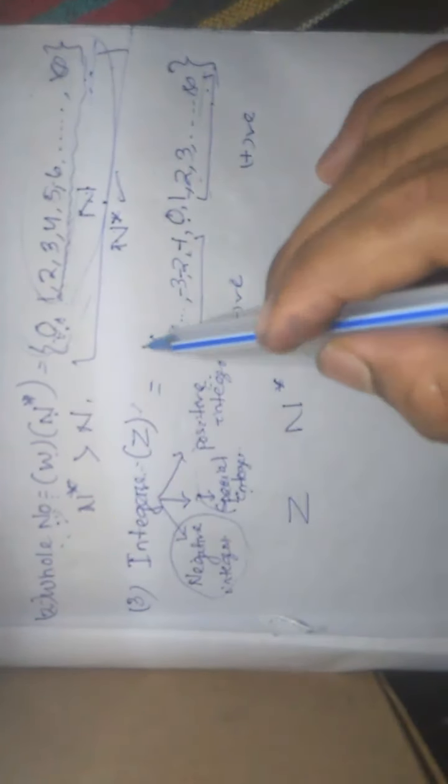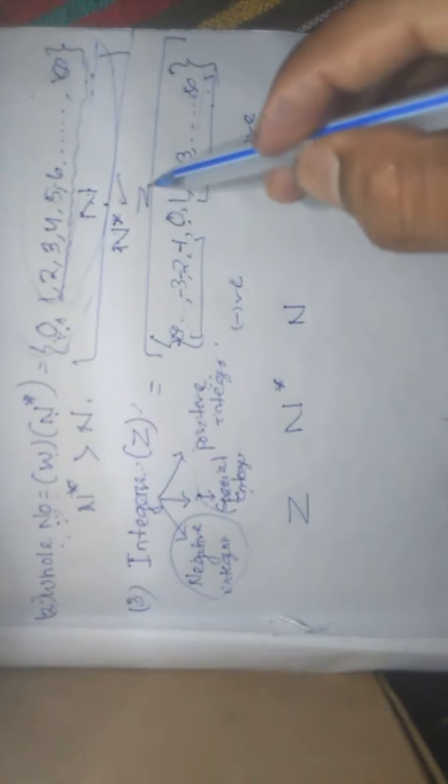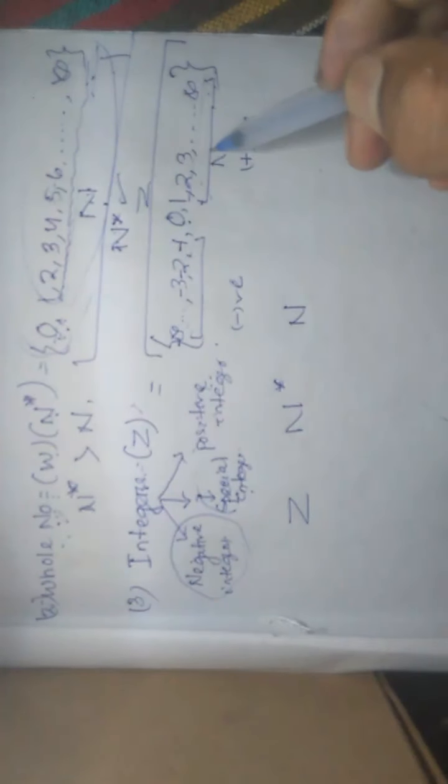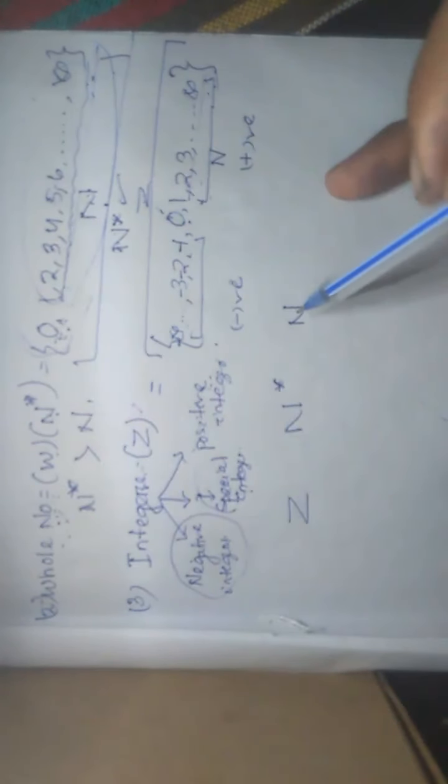Now it is clear. Now we will determine whether Z is larger or N star is larger or N is larger. Let us find out. This total set is known as Z, but from 1 to infinity it is known as N. So which one is larger? N is larger or Z is larger? Definitely Z is larger. Clear?